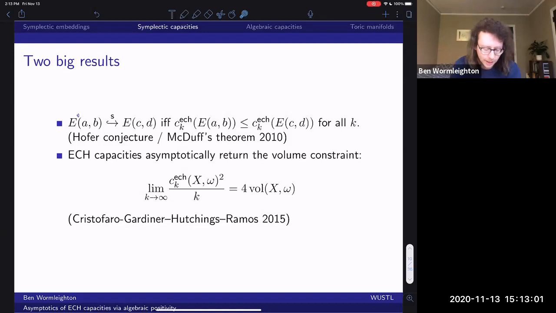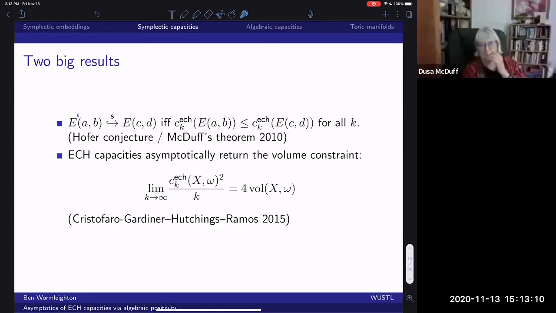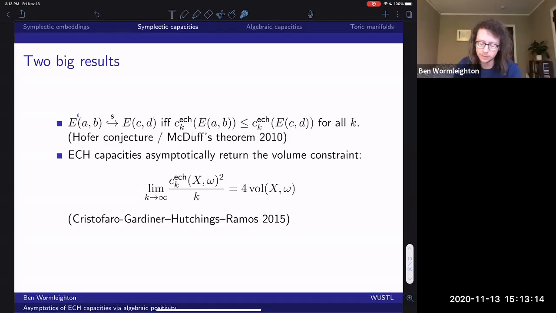We can embed the open ellipsoid E(A,B) into the interior of E(C,D) if and only if all these obstructions from ECH are met. So for all k, we have c_k^ECH is bounded above, like so.